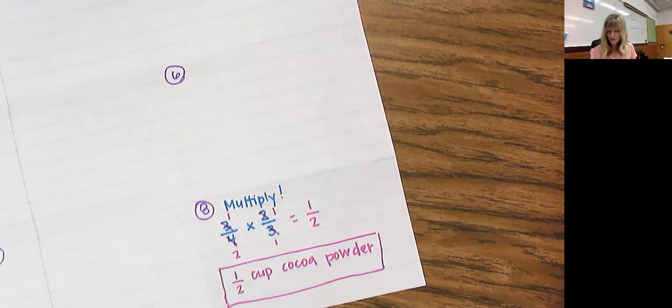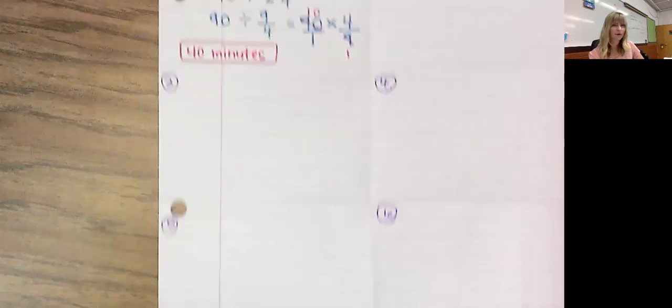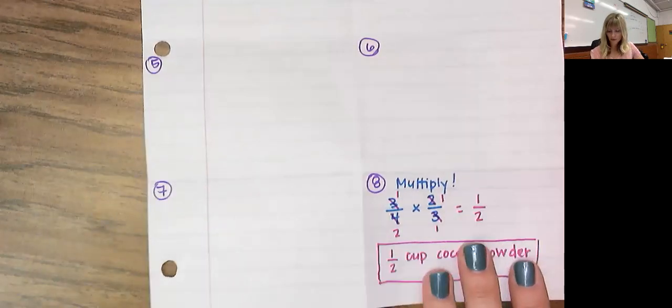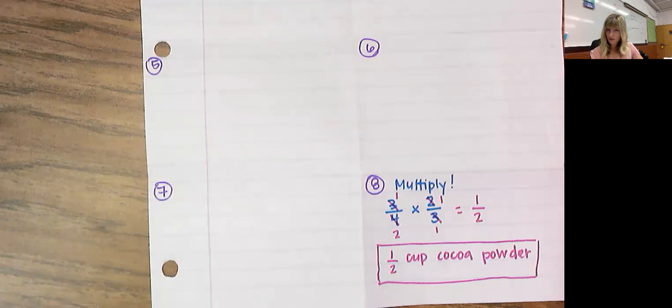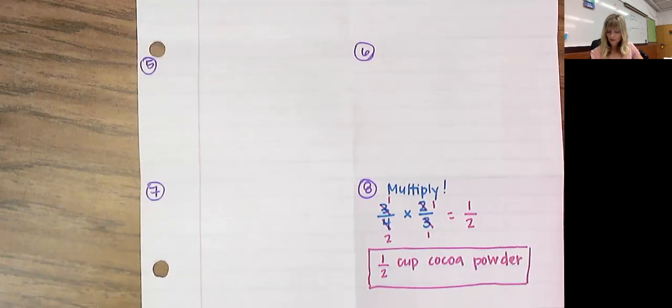Number 7 says, Simon uses 11 gallons of water while taking a 10-minute shower. What is Simon's rate of water use in gallons per minute? Ask yourself, do I know the total or do I need the total? We know how much total water he uses.